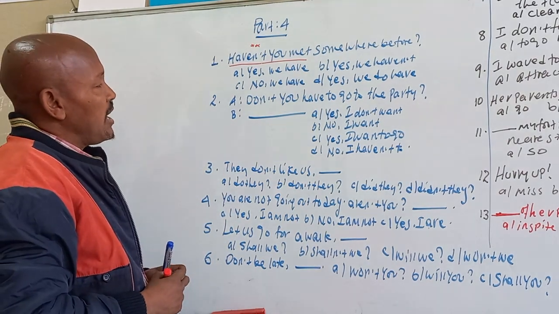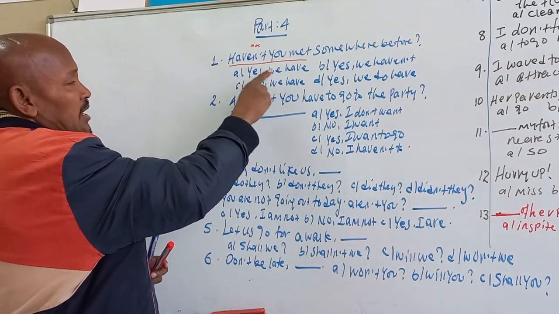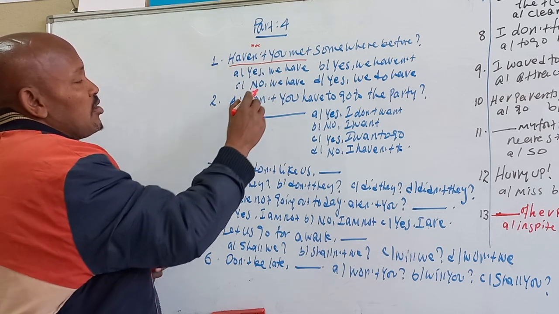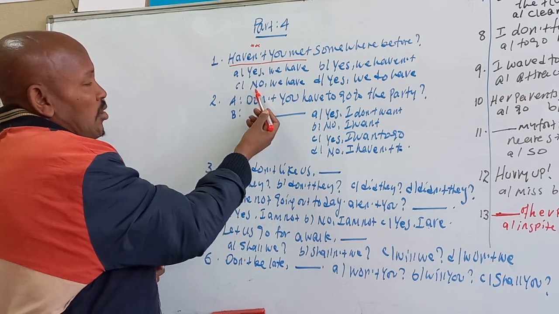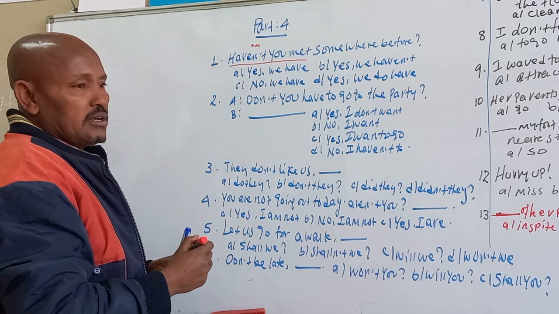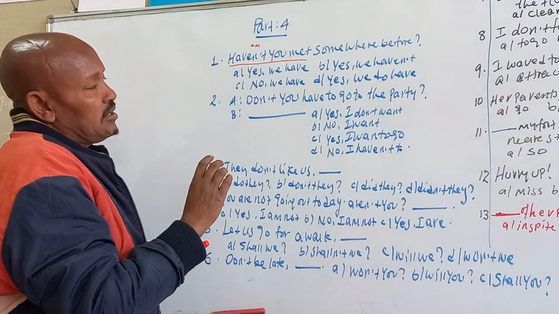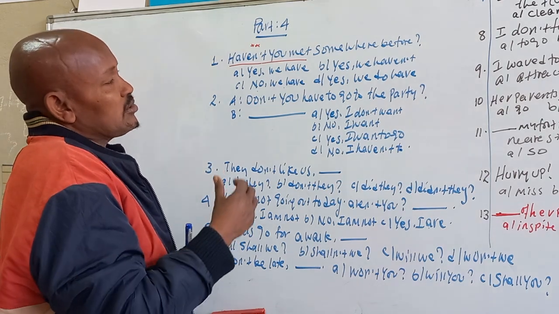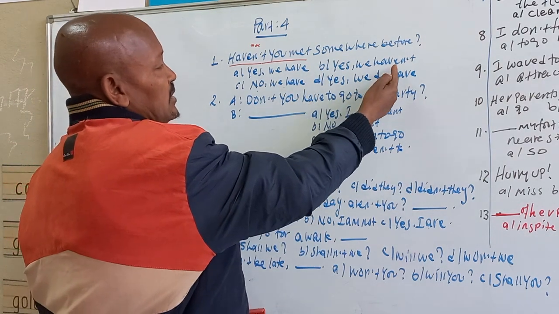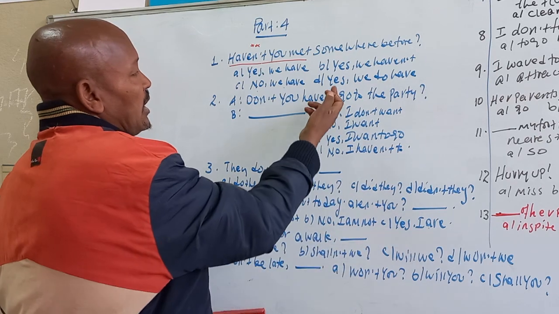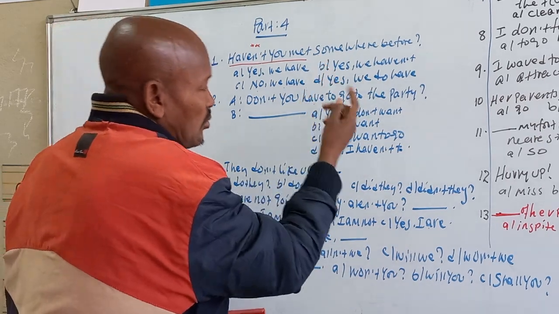So, A: yes, we have. Yes plus positive structure. B: no, we have. No plus positive structure is impossible in English. And C: yes, we haven't. Yes plus negative is not possible. And D: yes, we do have.